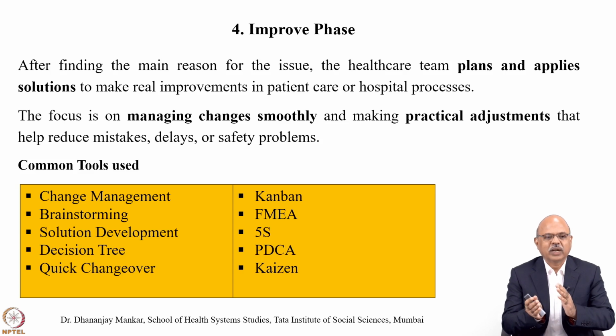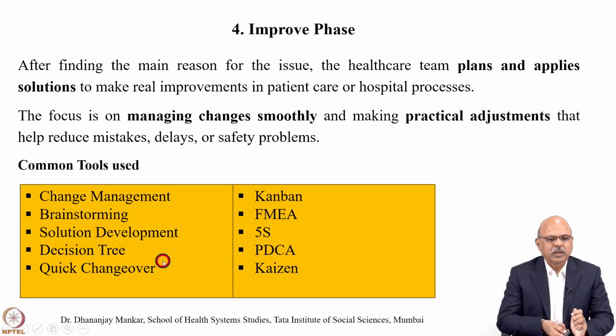So if you can understand, it is more about reducing the mistakes, delays and safety problems, which ultimately will affect the patient. The commonly used tools here are change management, brainstorming, solution development, decision tree, quick changeover, Kanban, FMEA, 5S, PDCA and Kaizen.